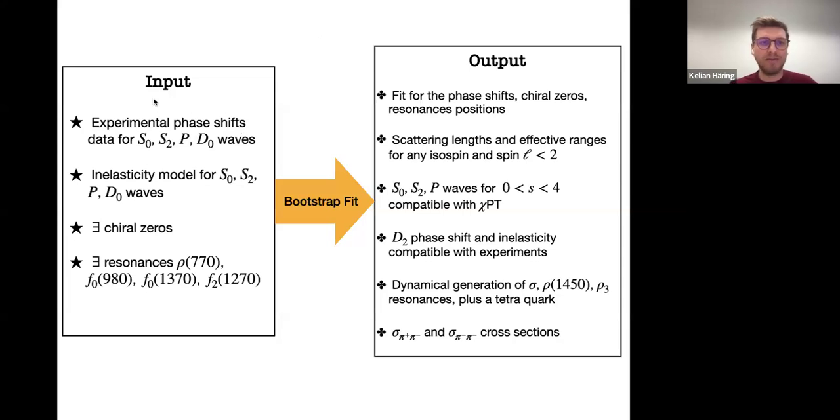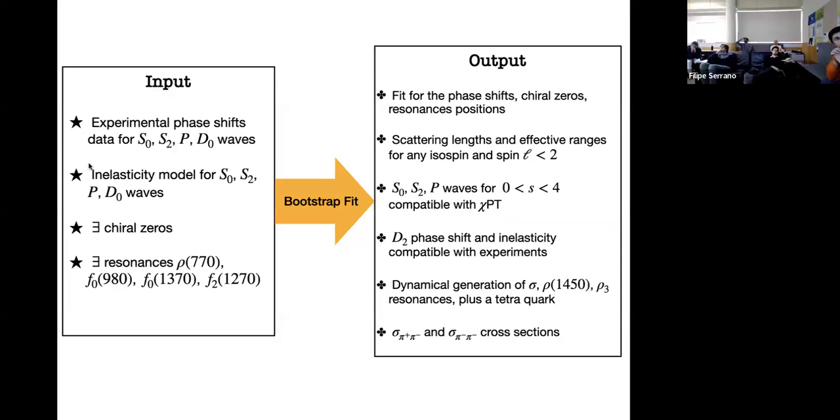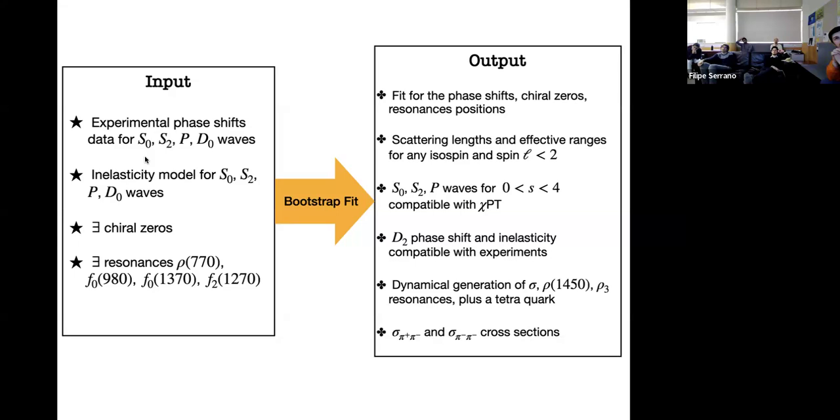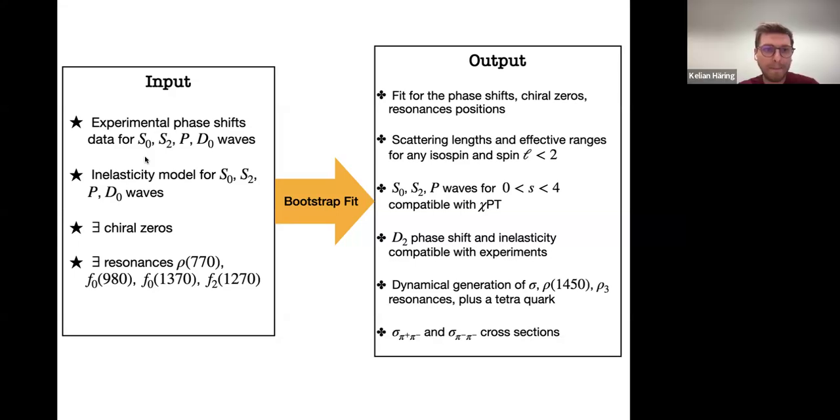I didn't explain, but we also use some explicit unitarity models for the same waves, because it's important for the resolution of such particles, and it's hard to obtain elasticity as a result of the Bootstrap, at least when you do just 2-to-2 scattering without doing a mixed channel. So here we use some explicit models coming from measurement to impose some elasticity. Then we impose the presence of chiral zeros and the presence of some resonances.